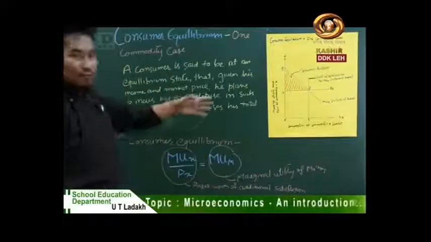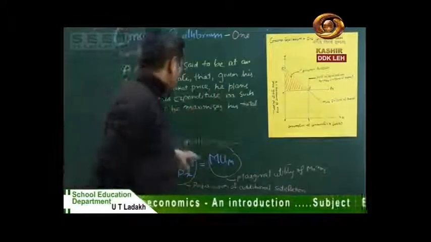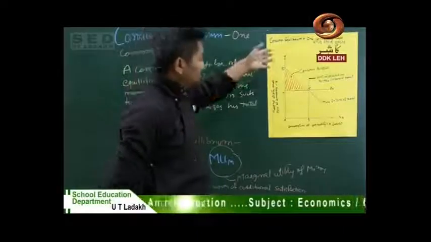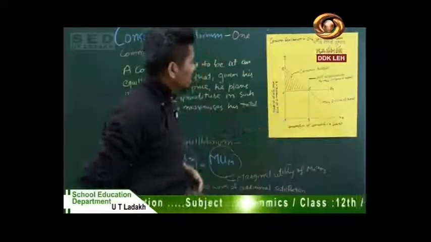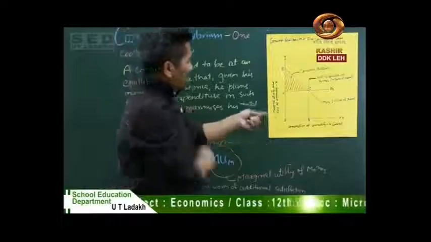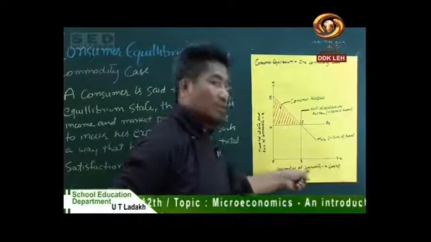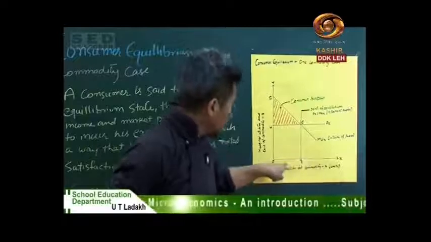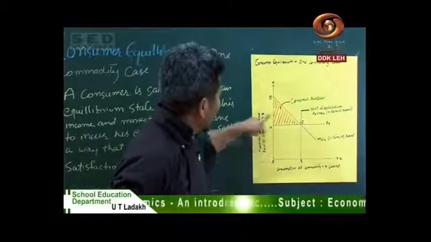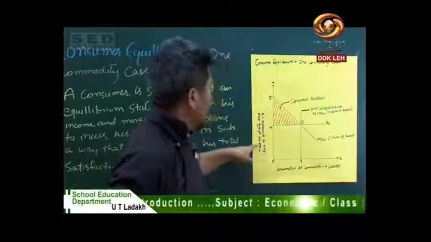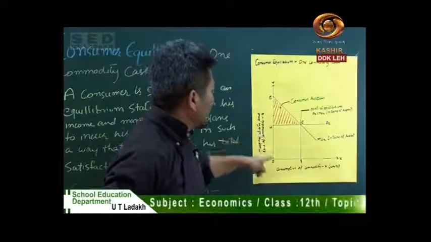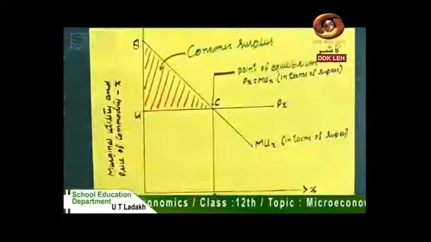Now, here I have explained this consumer equilibrium with the example of this graph. On the x-axis, again I have measured consumption of commodity X here, and on the y-axis I have measured marginal utility and price of commodity X here.